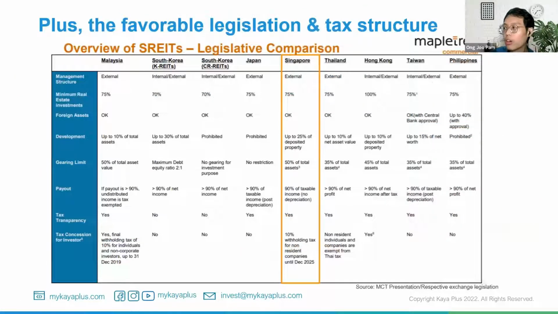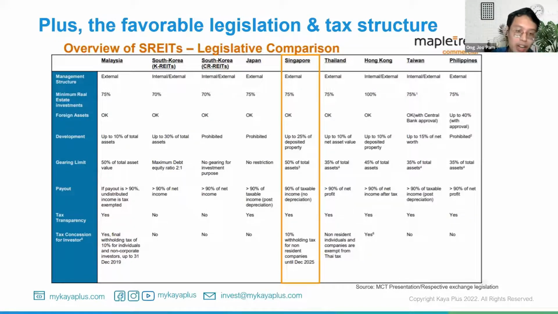So one of the advantages of a Singapore REIT compared to Malaysia is in terms of the distributions, or what we call dividends for REITs. In Malaysia, you must be aware of it: if you invest in a Malaysia REIT, whatever dividends or distributions the REIT pays to you, 10% of it is withholding tax.